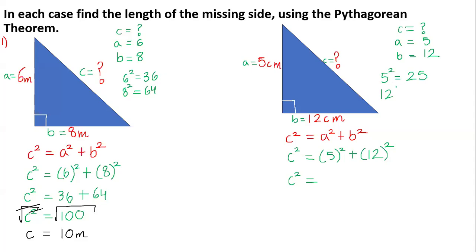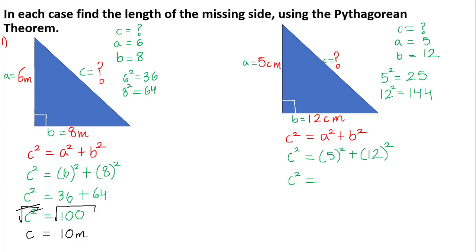So that's 25. What is 12 squared? 12 squared is 12 times 12. What is 12 times 12? 144. Very good.